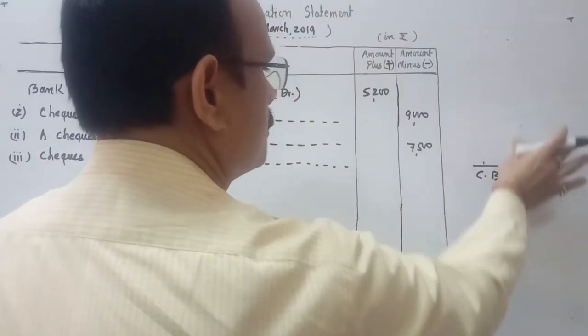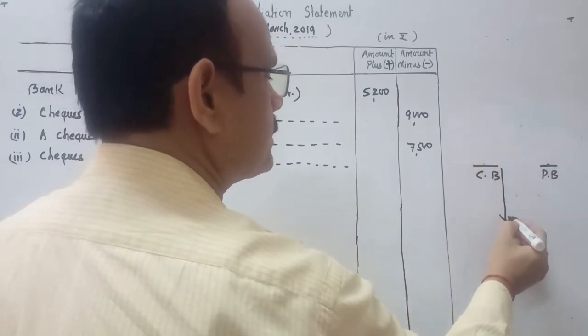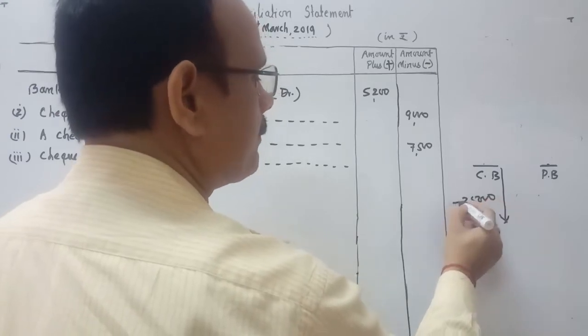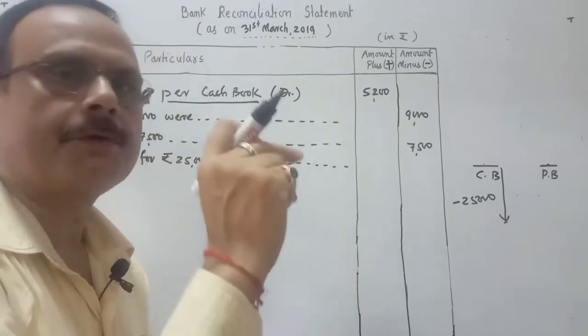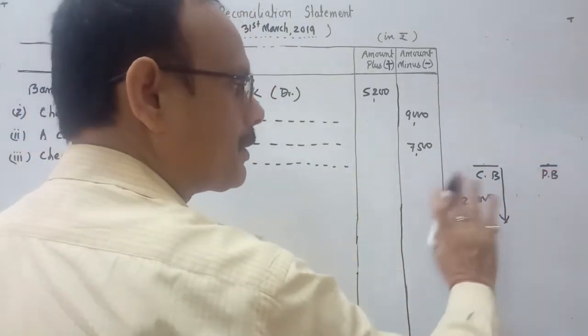When the check is drawn, meaning issued, the cash book balance is decreased by 25,000. But that check is not presented for payment, so the passbook balance is not reduced.